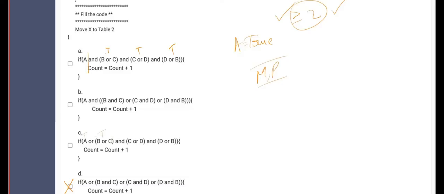And C or D, this is also true. And D or B, this is also true. Even this is also not the correct answer, because there is an OR operator here.